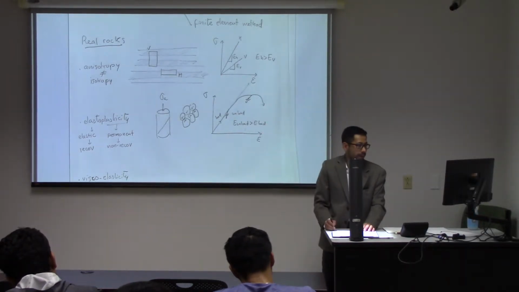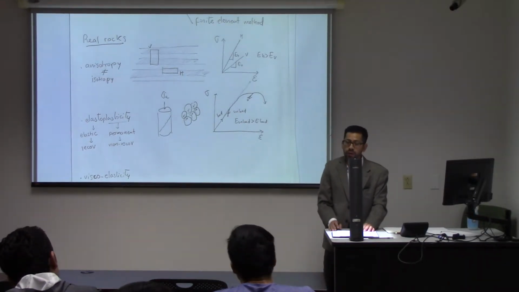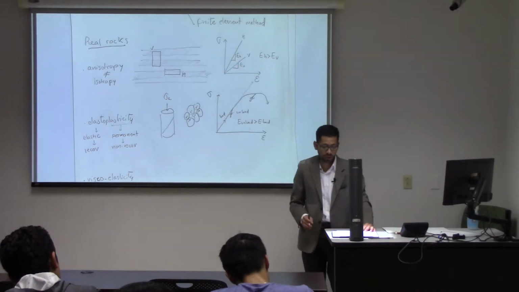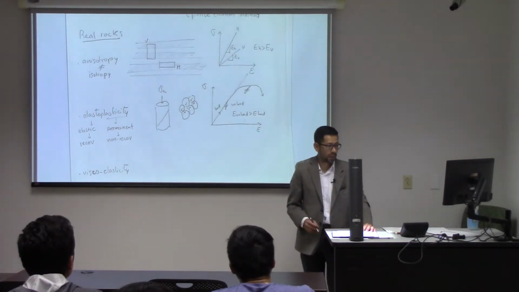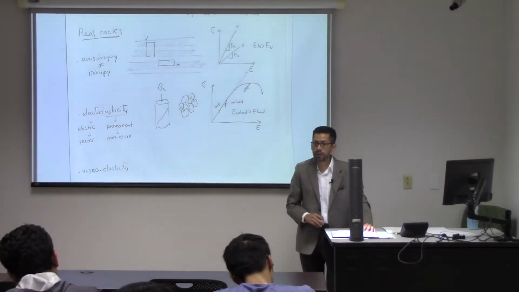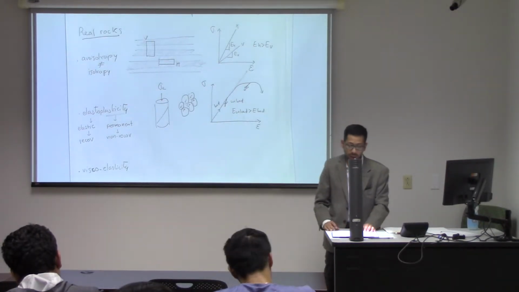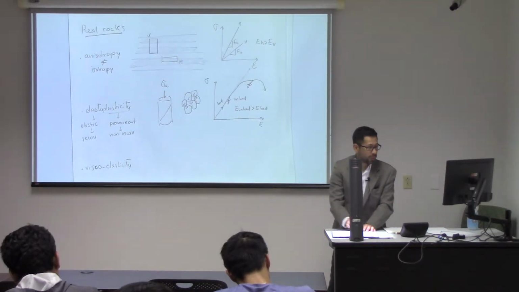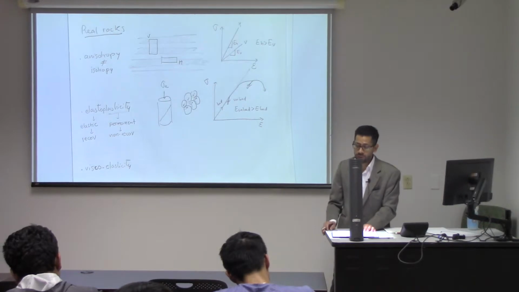So you have to be careful. You need to know linear elasticity sometimes works well, some other times it doesn't, but you need to know when it does not work that well. And that's what we call elasto-plasticity, when we have plastic deformations that cannot be recovered.